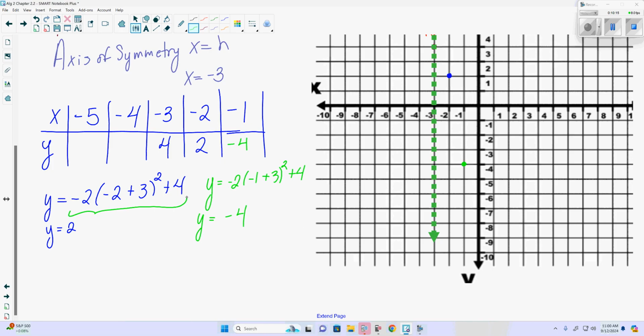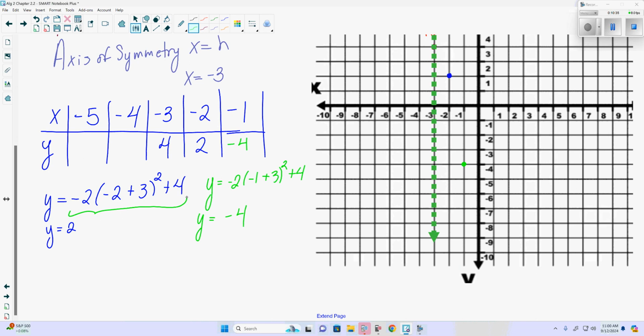So to be able to graph it, we need 5 points. So x equals -3, y equals 4. That's the vertex. That's the highest or lowest point. Vertex is always the highest or lowest. So we start there and then go 2 out to either side to get 5 points, just so we can graph it.